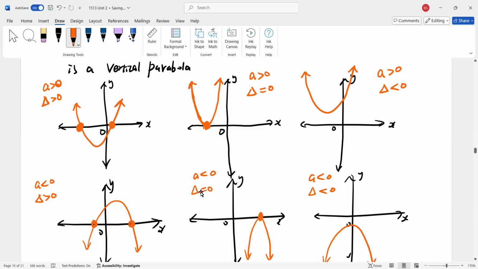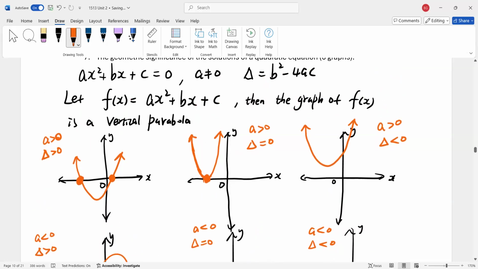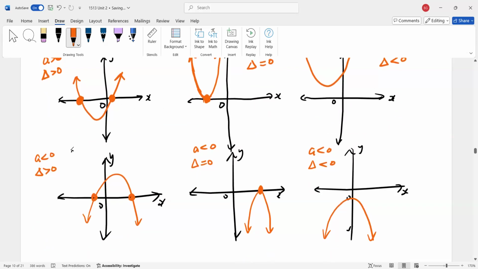Does that help to organize the cases of the solutions of a quadratic equation? You can understand this as three cases. If delta is positive, then the equation has two different real solutions.